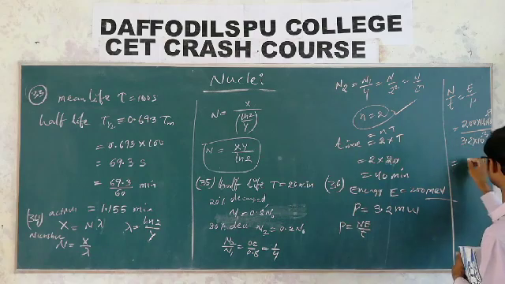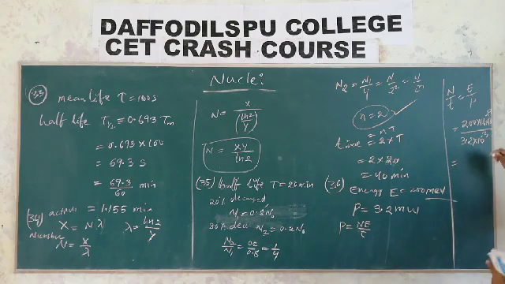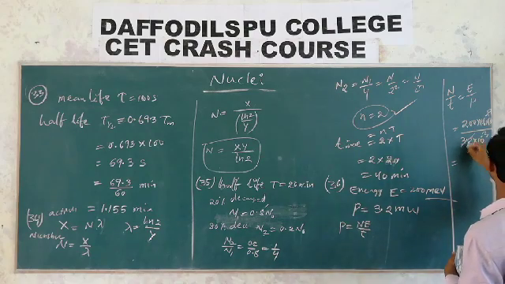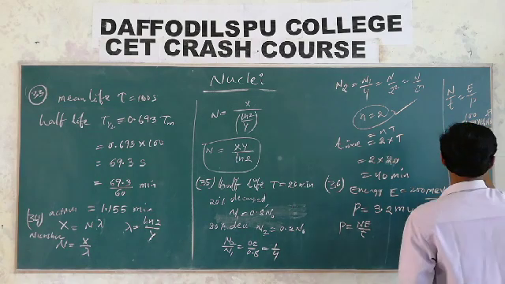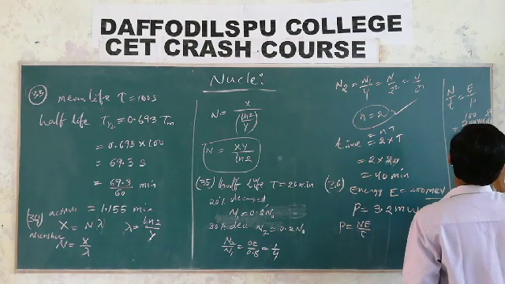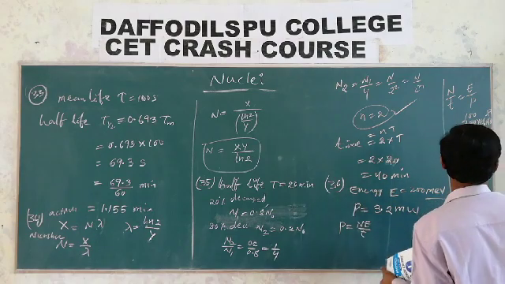Now how many times is it? 1.6 here, 2 times. It is 100 times. 10 power minus 4 plus 3 minus 16, minus 16 into 2, minus 14. So 10 power minus 14 fissions per second.